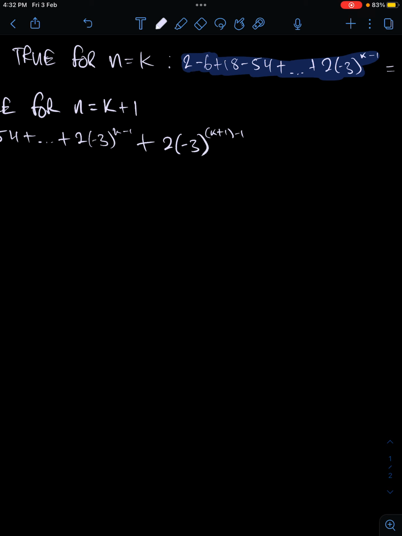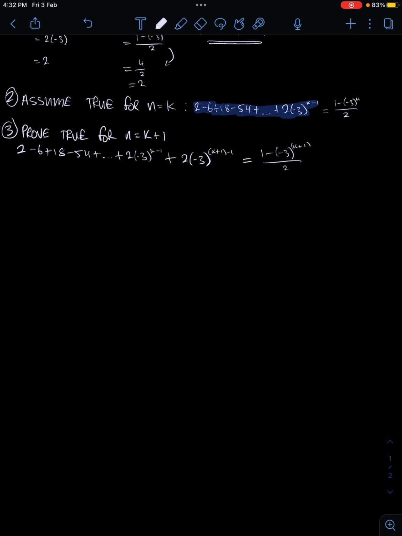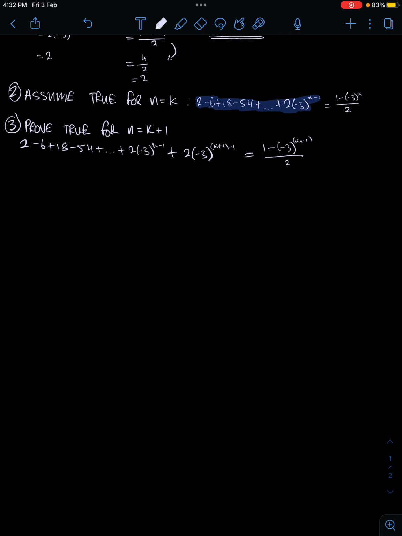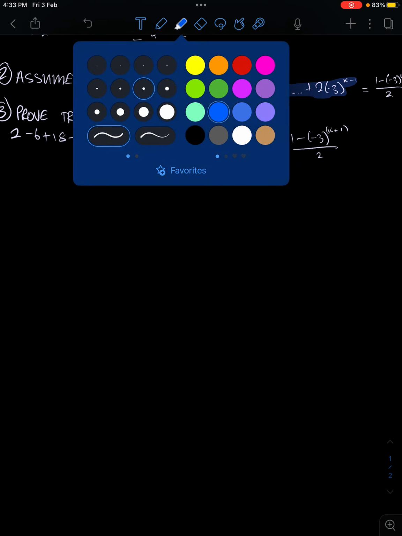And technically you can just get rid of that, but we're just going to leave it for now, just to leave it for a later step to make it a bit more clear. Equals 1 minus negative 3 to the power of k plus 1, over 2. Alright, so that's our full equation. And now we're just going to work with the left hand side, so this side over here.